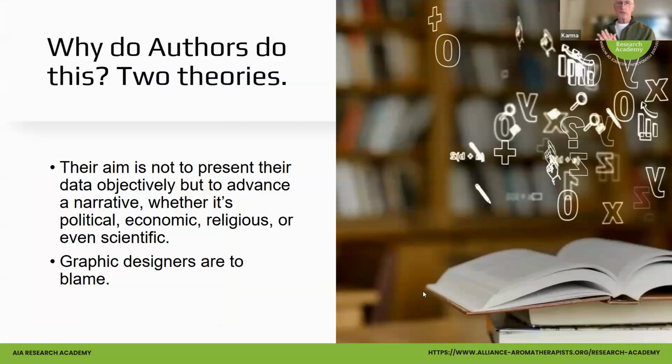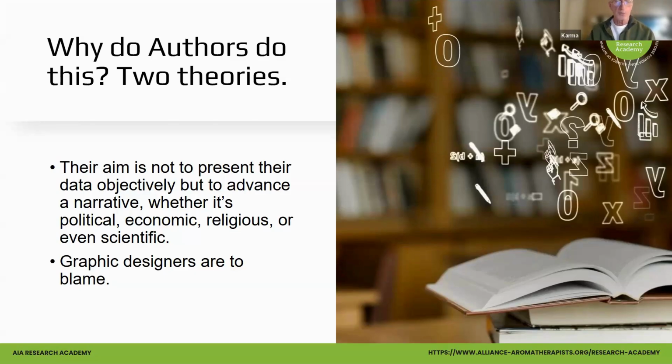Why do authors do this? I've got two theories. One, their aim is not to present their data objectively, but to advance their narrative, whether it's a political narrative or an economic, religious, or even scientific one. And so the purpose that they use for the graph is to advance their narrative, not to objectively present the data. The second thing is, and I was going to see if Emily, our graphics designer, reacted to it, but she didn't.